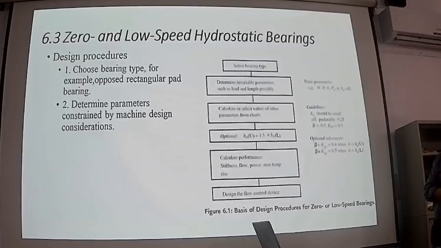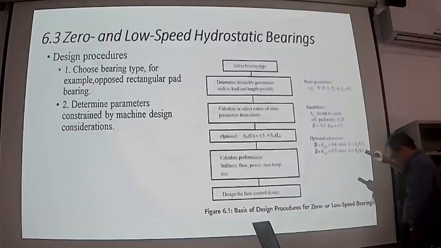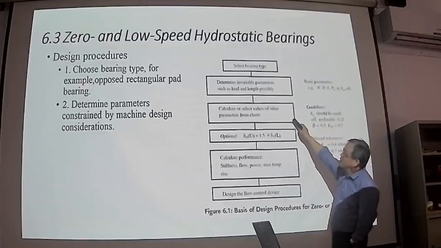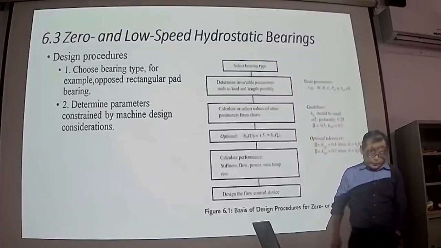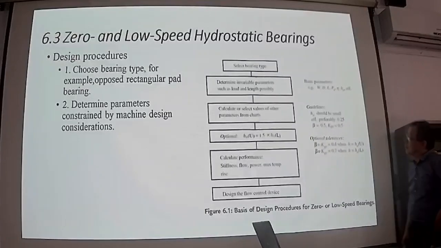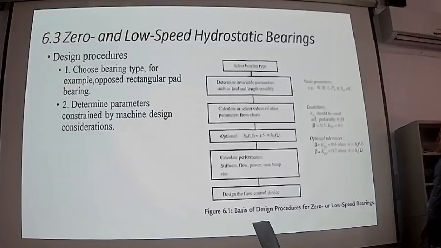See if the bearing area and the recess pressure are enough for the load capacity requirement. In this case, we can calculate some of the values and parameters from the design chart.